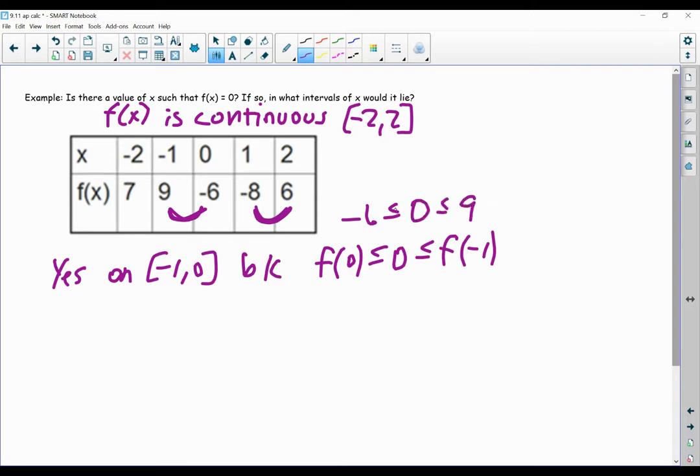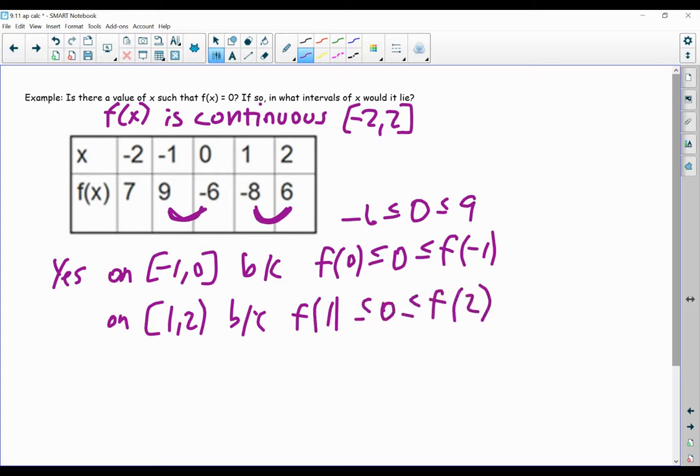Okay, and 0 is between those two numbers, so the function has to have a value equal to 0, or a solution of x equal to 0 in that interval. And then I'm also going to say on 1 to 2, because f of 1 is less than or equal to 0, which is less than or equal to f of 2. Okay, so here's the domain on which it has to happen. Here is my reason why.